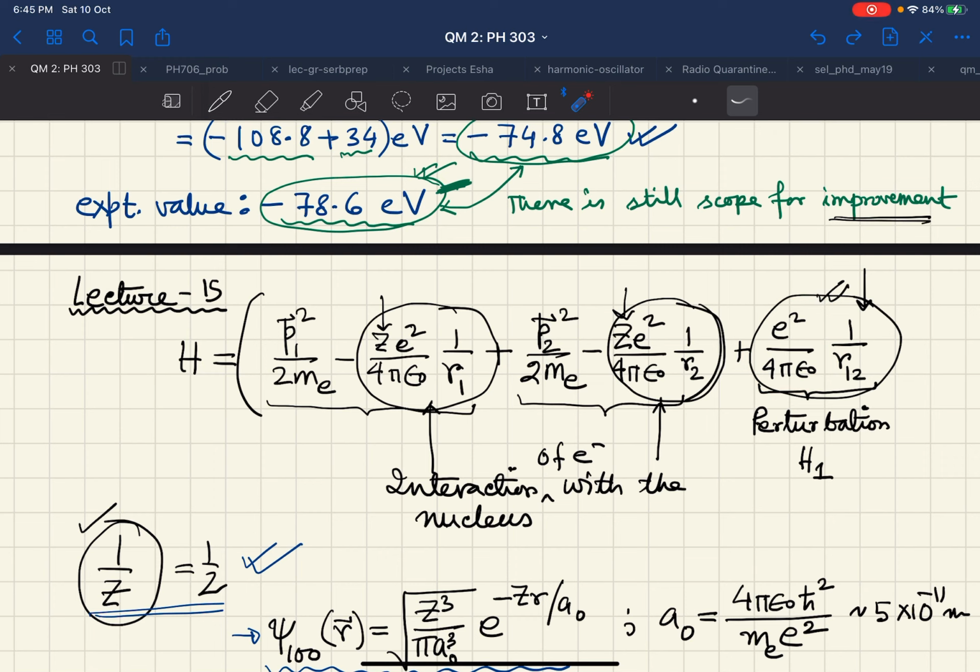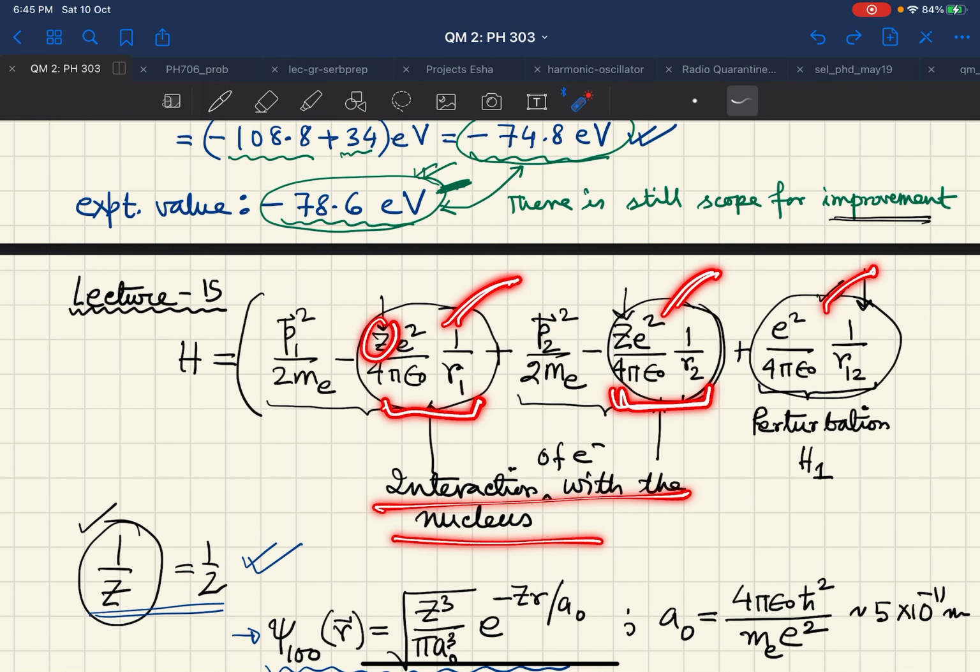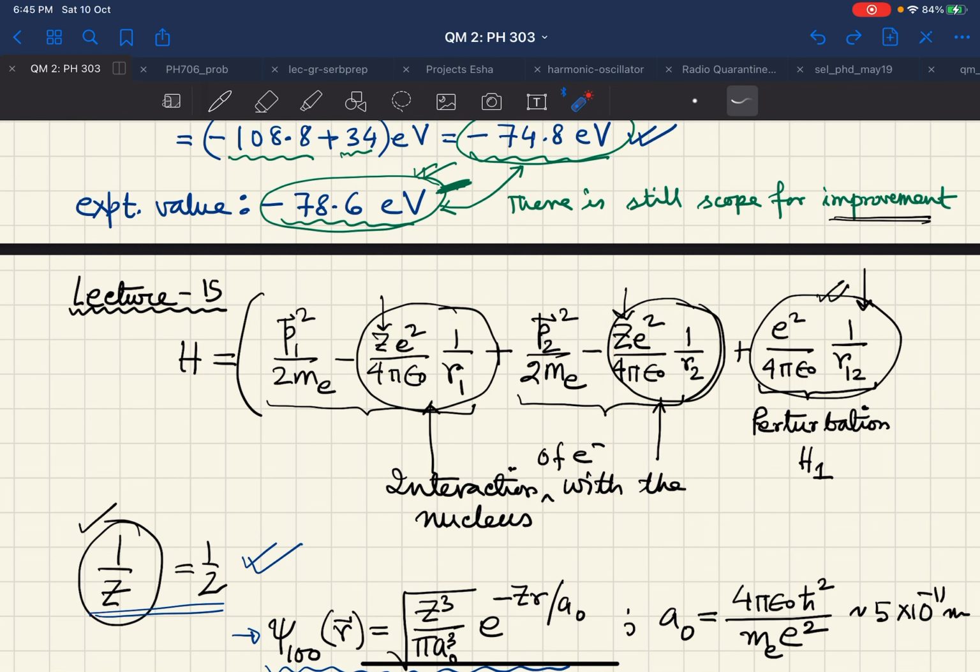But the interaction with the nucleus comes with a factor of Z. So here we have the interaction term of the electron with the nucleus, and these two terms are different from this in the sense that these two terms have this extra multiplicative factor of Z. This Z multiplicative factor is absent in the electron repulsion term.